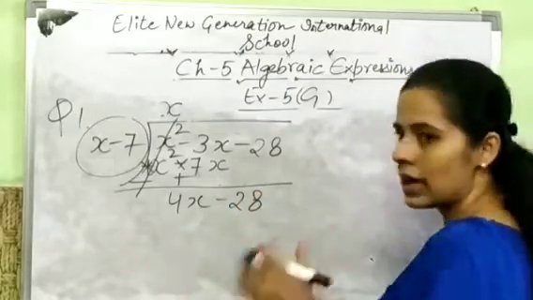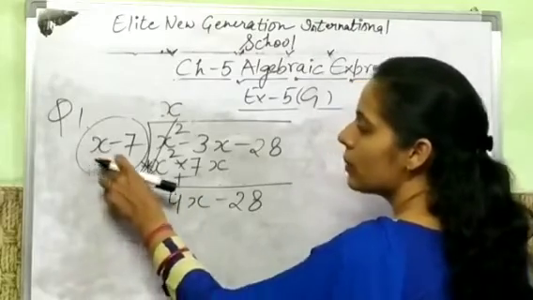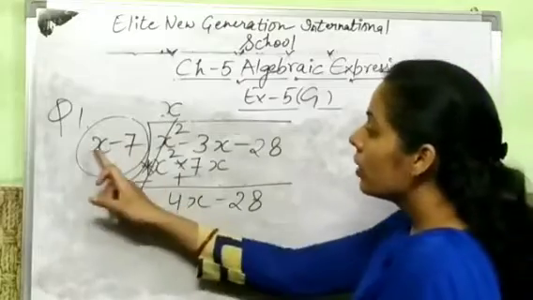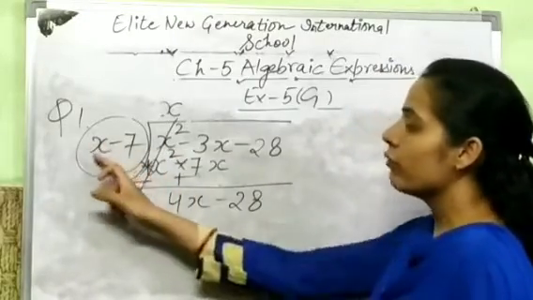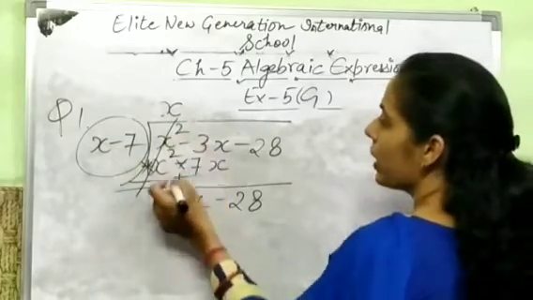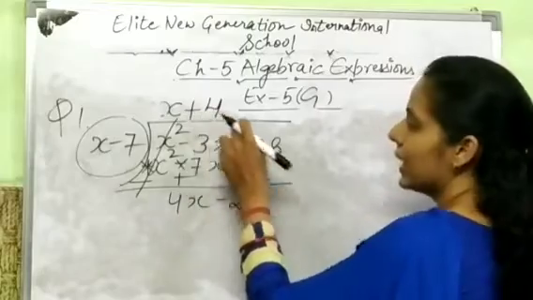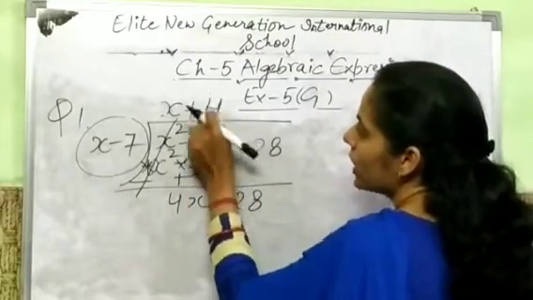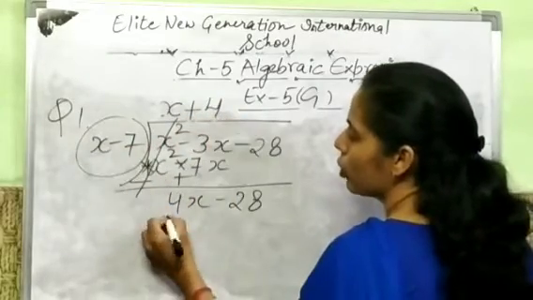Now again, the same step we need to follow. The first term is 4x and the first term of the divisor is x. So here we need to make this 4x, and by multiplying 4 it becomes 4x. So here we need to write 4 with plus sign, because this is the second term of the quotient. Now we need to multiply this 4 by both terms of the divisor. So we get 4 into x, 4x.